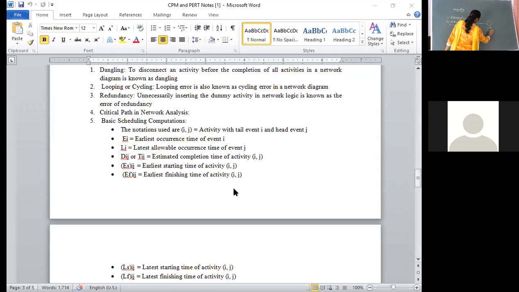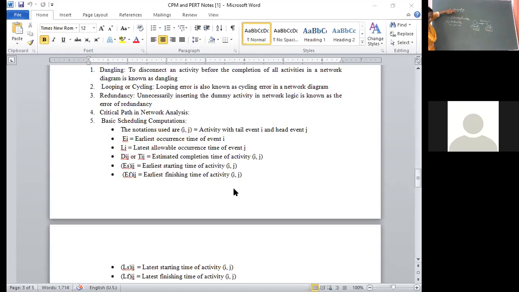For example, I want to go from Nigdi to Pimpri. Nigdi is my start event, Pimpri is the end event. By bus, it will take 15 minutes. Whatever time duration it takes is called an activity. The start event is always denoted by the letter I. The end event is always denoted by the letter J.